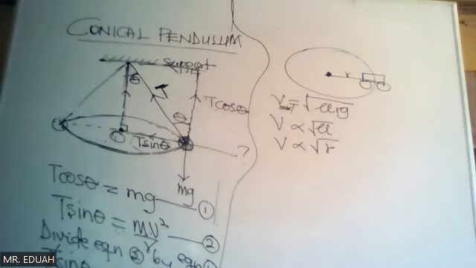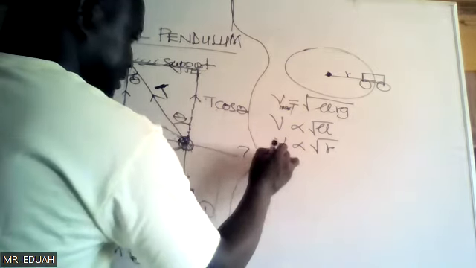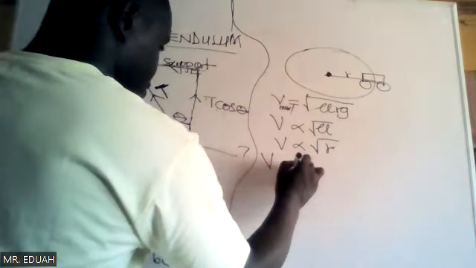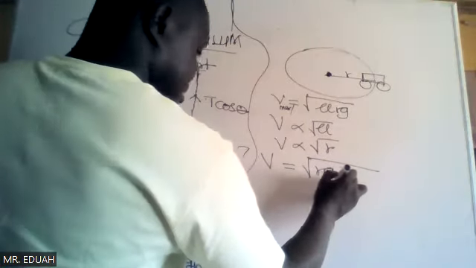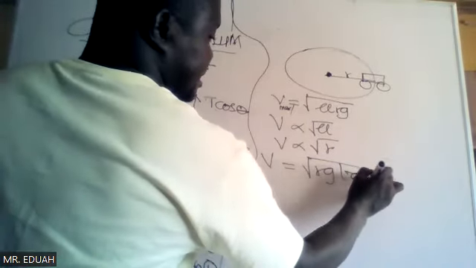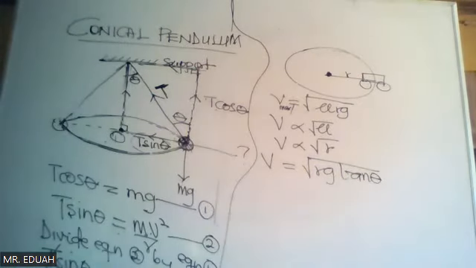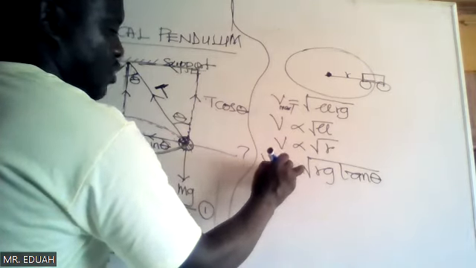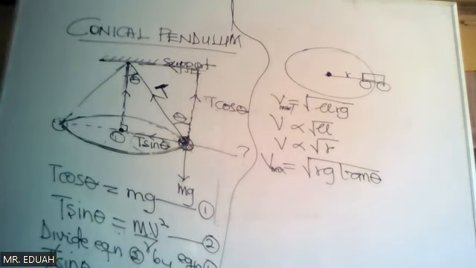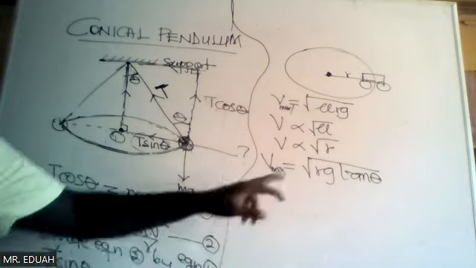We have a similar situation here too. You see, we've had v equal to square root of rg times tan theta. This is the expression of the maximum velocity. So in a conical pendulum, if you have to calculate for the maximum velocity, this is it.